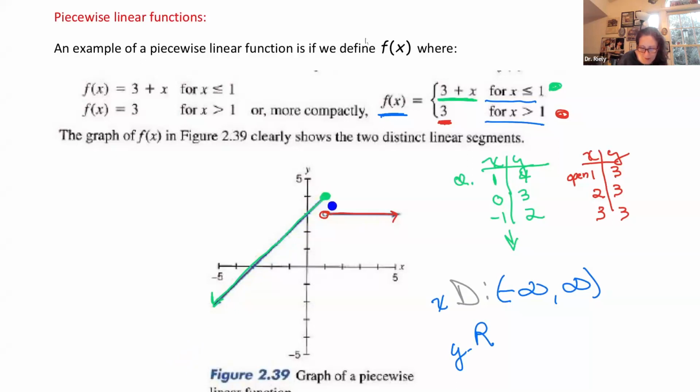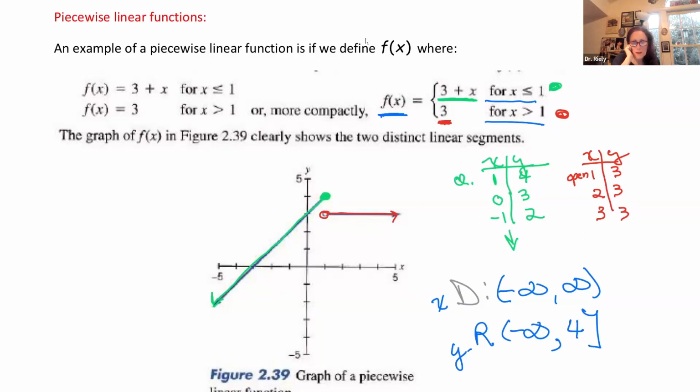I have a gap here, so I can't drop down because that's a different Y. So I am done here. I can't go any further. So therefore, I finished my range. I started it at negative infinity, like I did my domain, but my range is going to be negative infinity up to that value of 4, and I can equal it, but I can't go any higher.